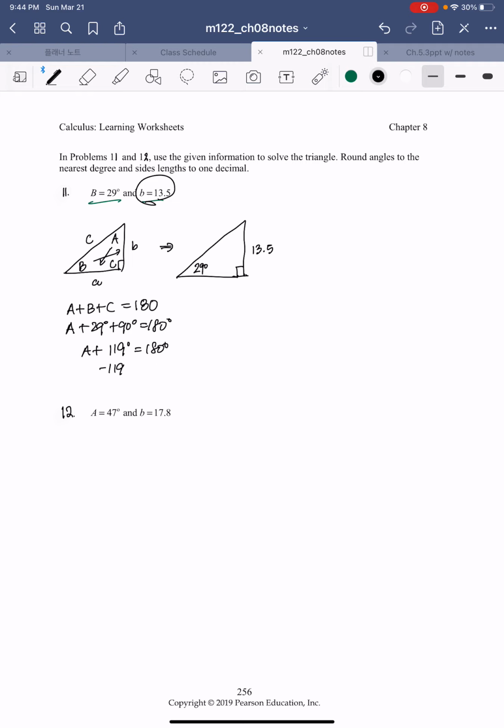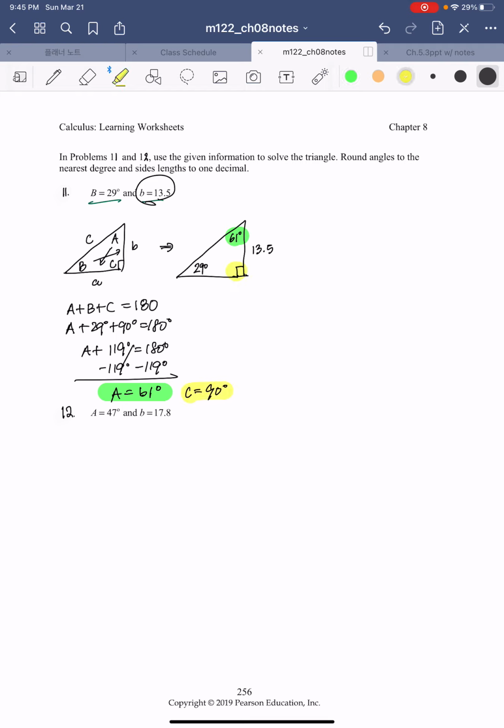So angle A will be 180 minus 119, which is 61 degrees. Okay, so that's one of the answers, angle A. Let's add that: 61. And technically we let angle C be 90 degrees, right?